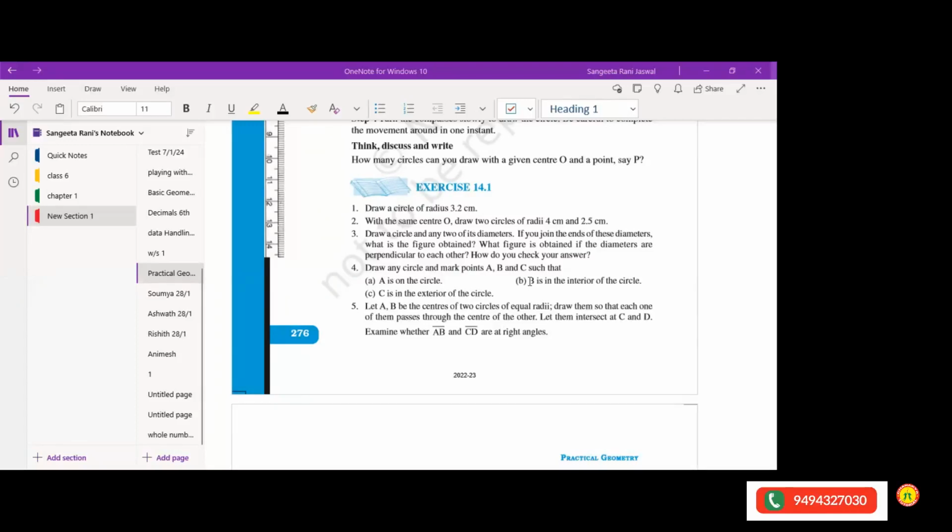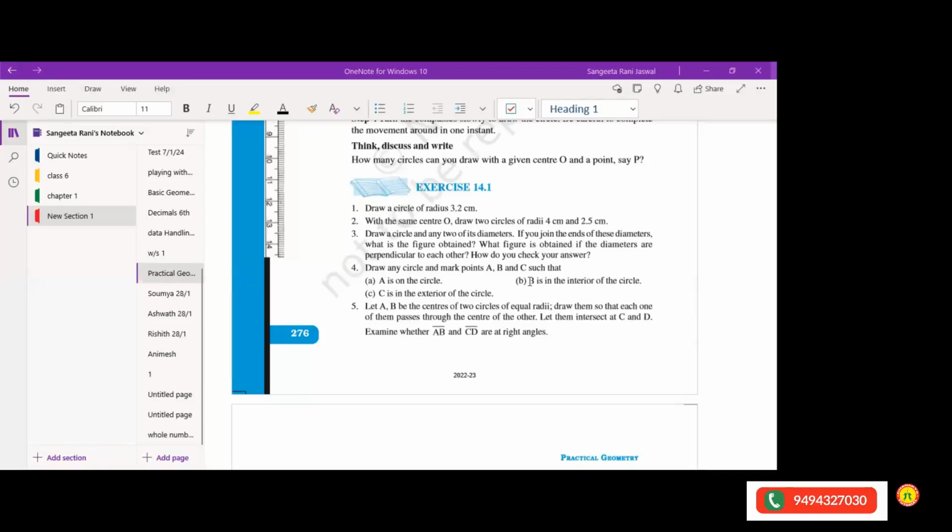Ma'am, I could not find my geometry box. Ma'am, I only lost my protractor. I have everything else. I can't help you with that. You have to arrange it yourself if you want to do the class. Ma'am, do we need a protractor? Yes, we will require it somewhere, although less.